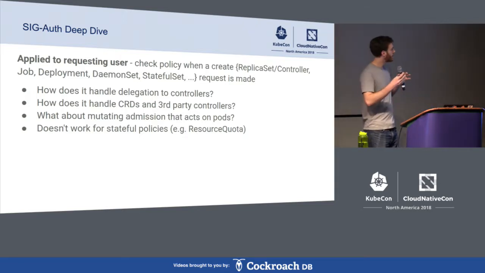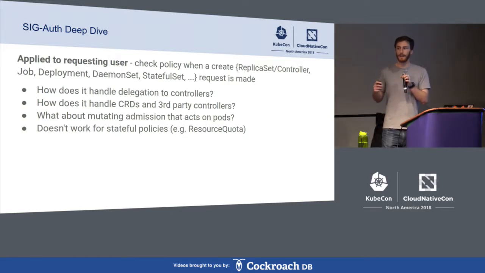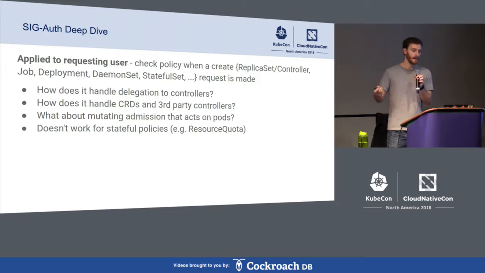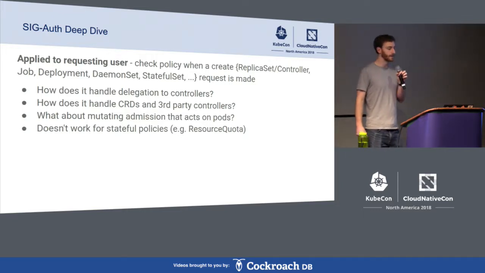But as soon as you start to think about how this would actually be implemented, it gets really quite complicated. So the first question is, how do you handle the delegation to the controllers that actually create the pods? And even if you come up with some system of looking at the pod template and comparing it to the actual pod, that starts to break down once you get into CRDs and third-party controllers.